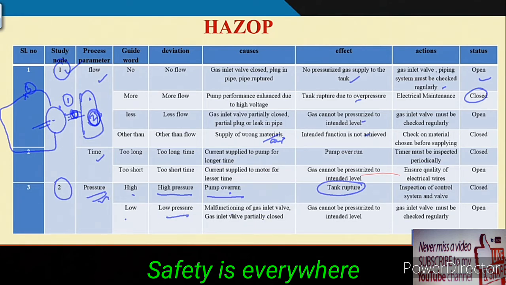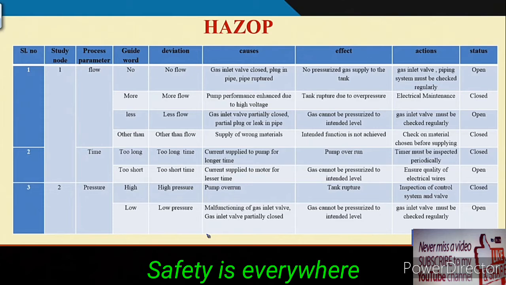So, low pressure: malfunctioning of gas inlet valve, partially closed. Gas cannot be pressurized to intended level given the reset time. So, gas inlet valve must be checked regularly or something like this. So, it is open. Okay. So, what have we given then?